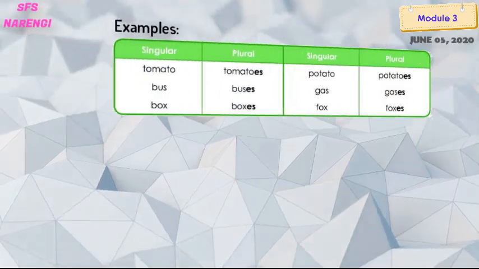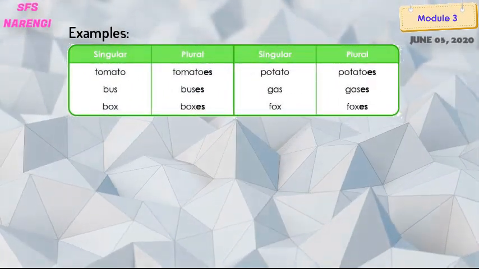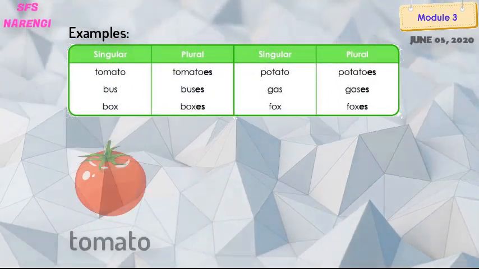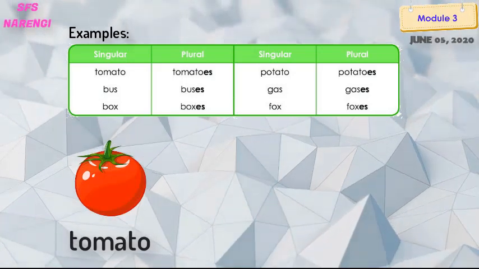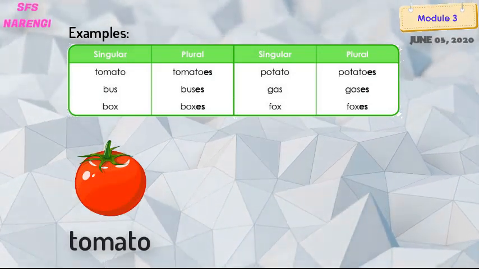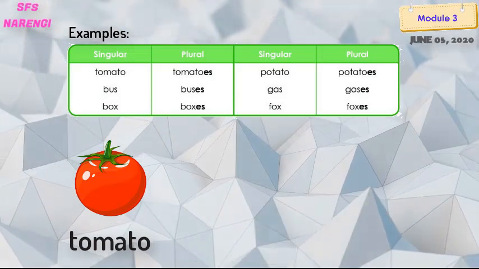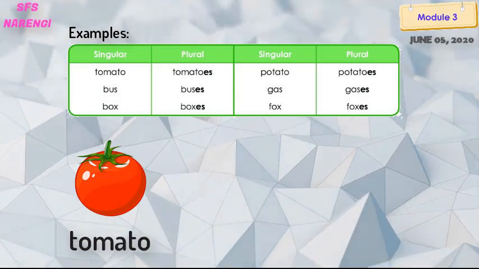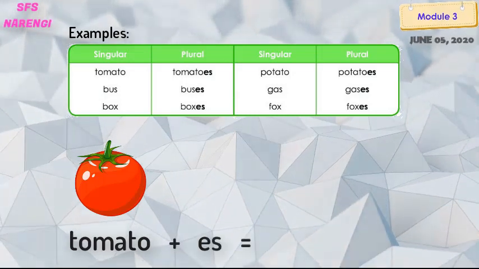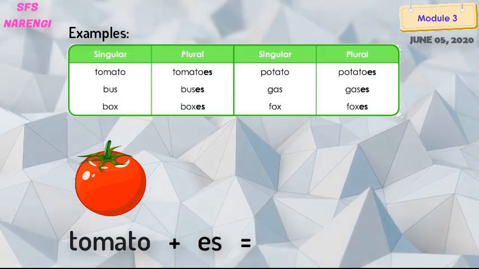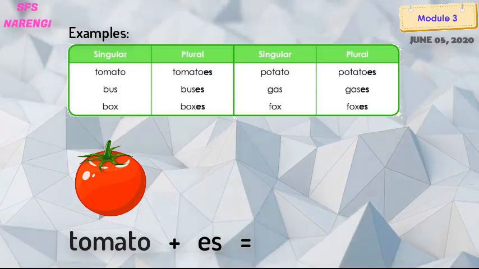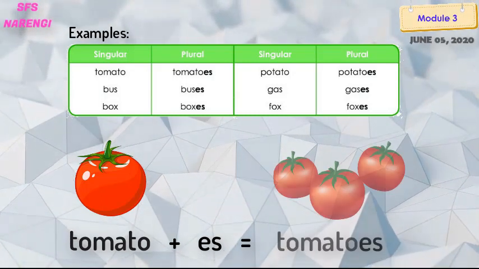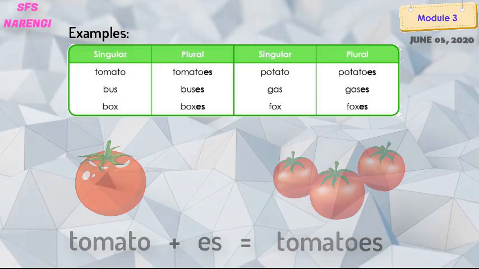So the first example here is again tomato, right? So the word tomato is singular here, as we have done on the board. Remember? Okay. So when we add es here, we get the plural form of tomato, which is tomatoes, right? Okay.